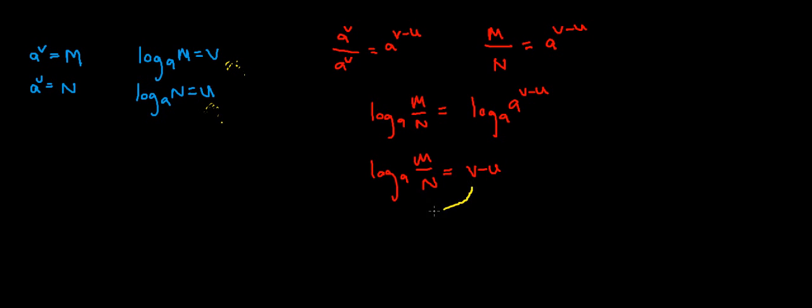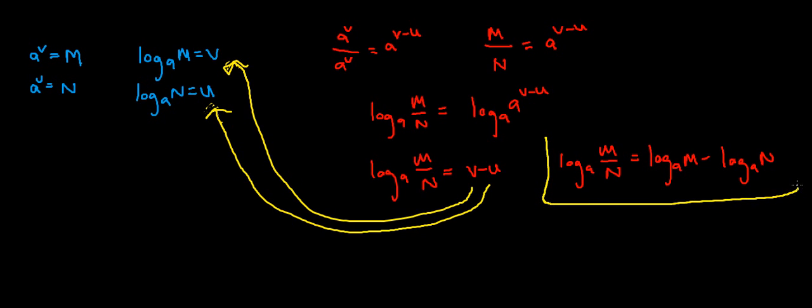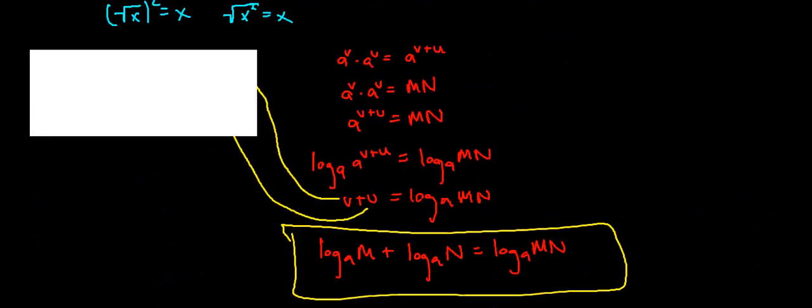I go over here and say v is equal to log base a of m, and u is equal to log base a of n. So this can be written as log base a of m divided by n is equal to log base a of m minus log base a of n. Now if I scroll up and check, this checks out like the first one.